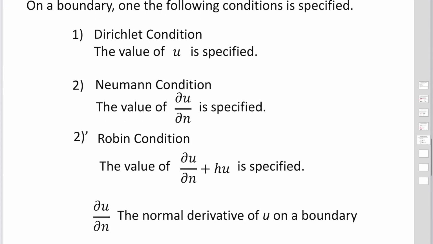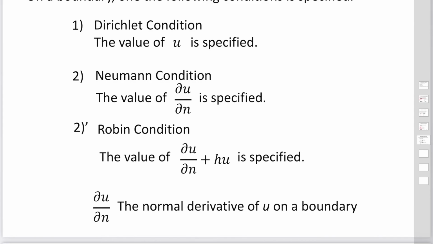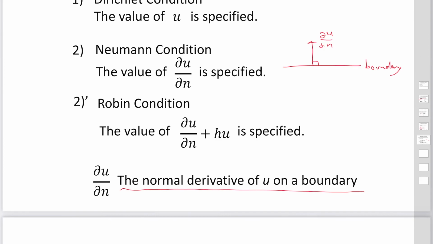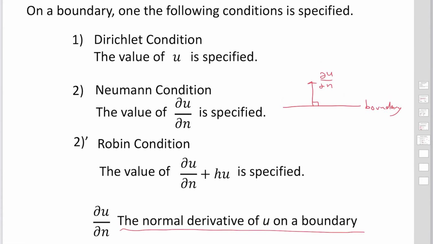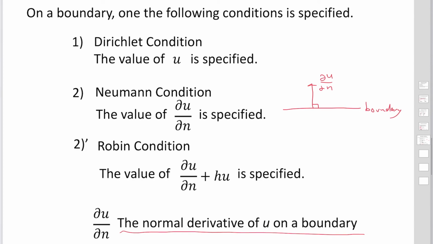The value of the derivative of u with respect to n is specified. If you consider the boundary, partial u partial n means the normal derivative of u on the boundary. So the value of partial u partial n is specified. We call this the Neumann condition for the boundary condition.